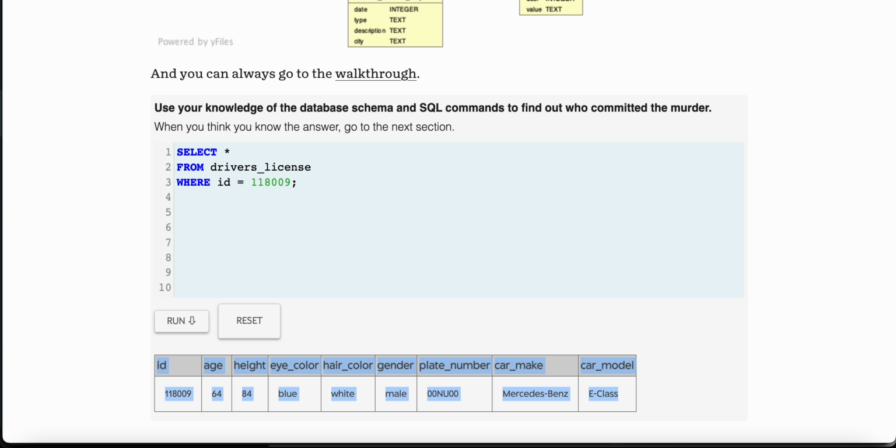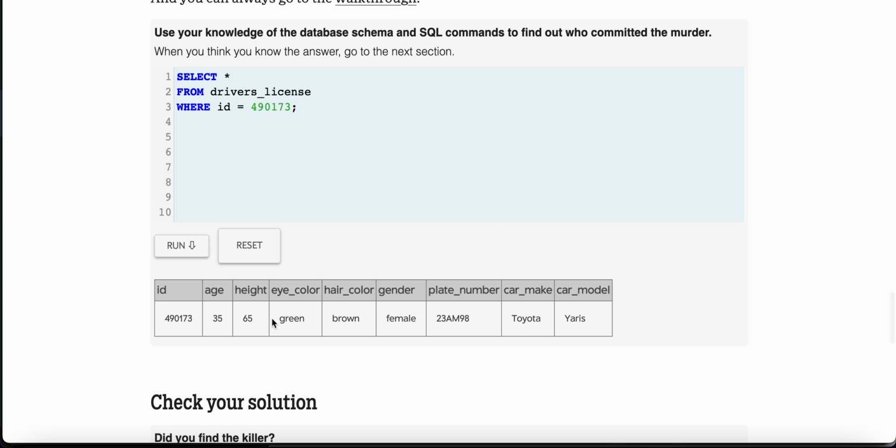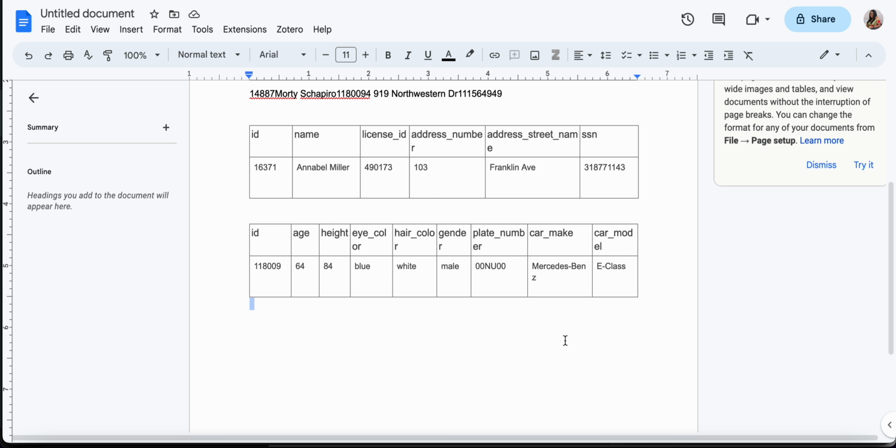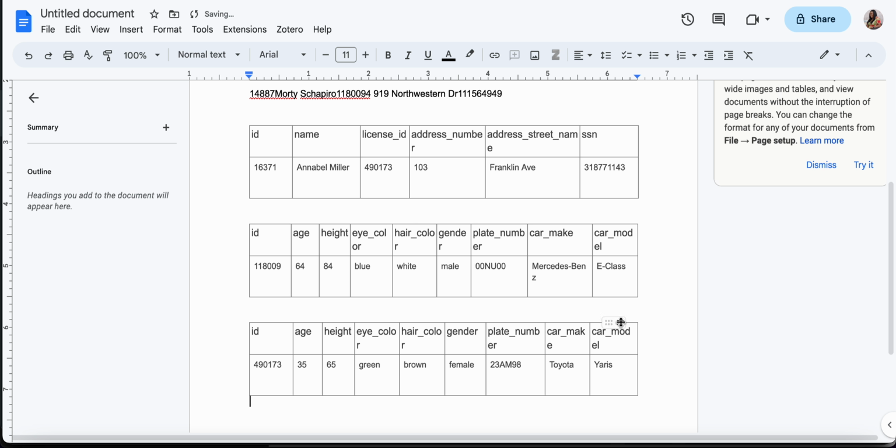The same thing we did for Morty, same thing for Annabelle. Oh, this is Annabelle, this is her height, this is everything she has, this is her car model, this is her plate number, and then we have that.